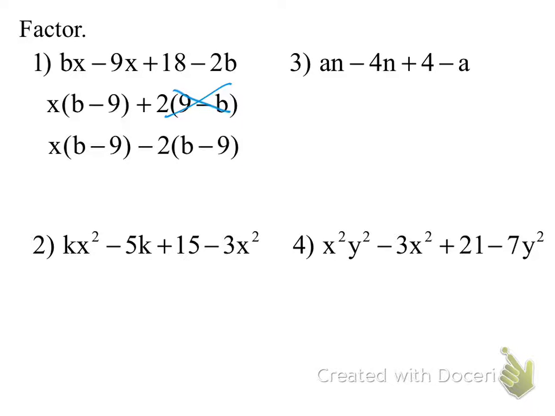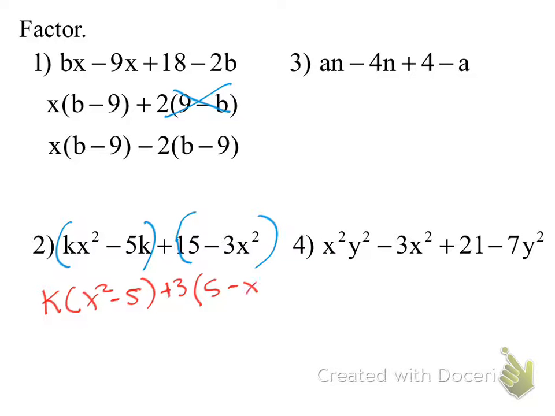Kendall, I'm going to group it, and what am I going to factor out of the first group? The k. I'm going to take a k, and what will be left? X squared minus 5. Good. And what am I factoring out of the next one? Negative 3. Positive 3 or negative 3? Negative. Oh, no, positive. If I do a positive 3, I'm going to be left with 5 minus x squared.